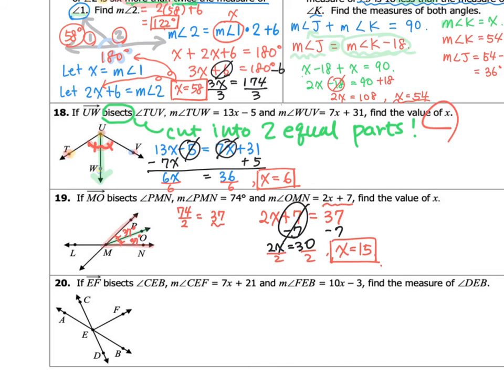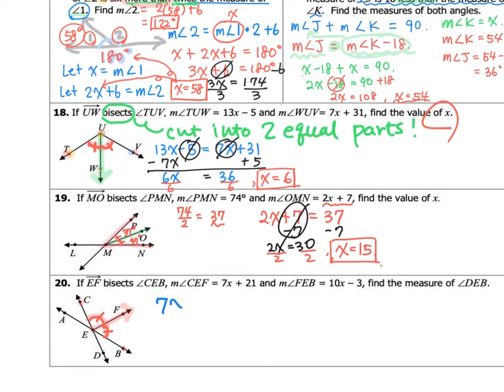It says EF bisects, EF right here, the red highlighter, bisects CEB right here. So that means this angle and that one are congruent, so we can mark them.